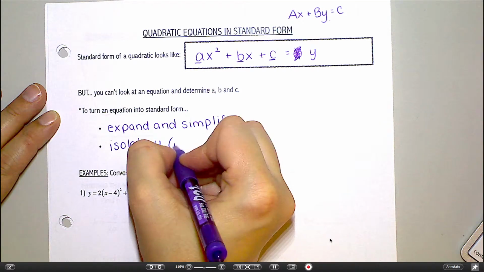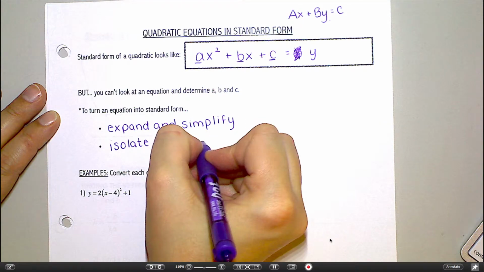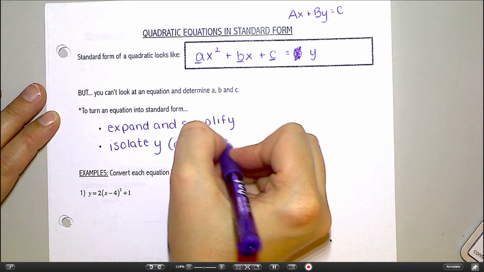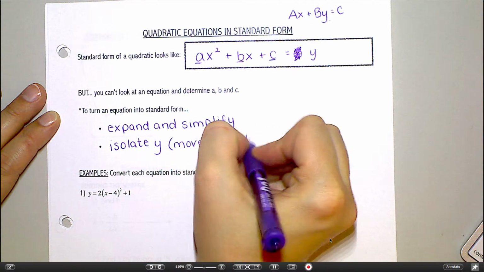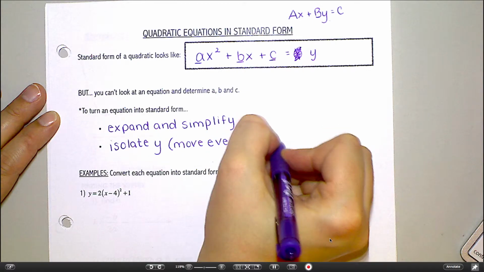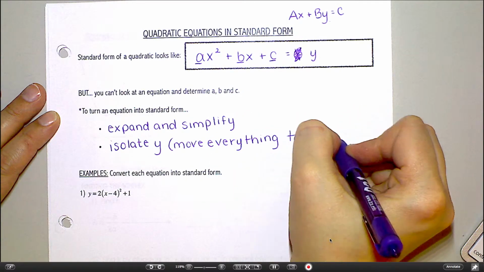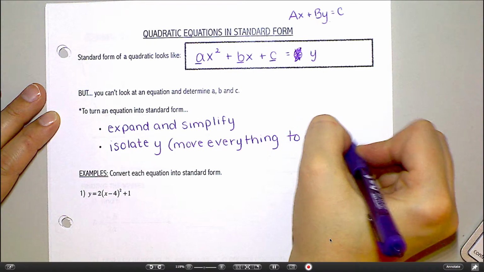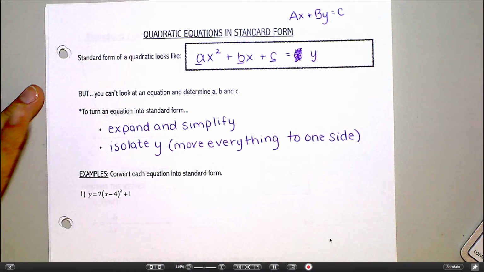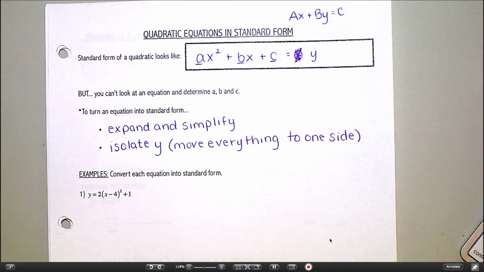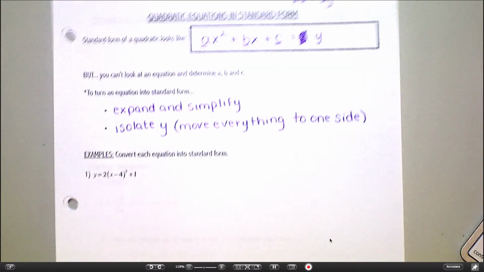Isolate y, you could also say move everything to one side. So to get something into standard form, basically you're just doing the math. And you've already learned how to do this part of it.